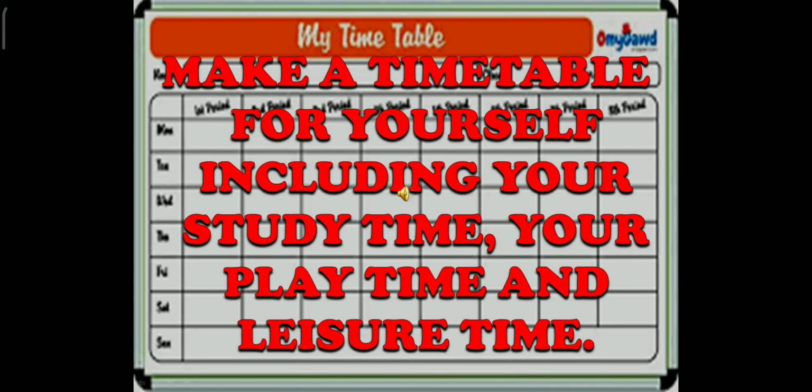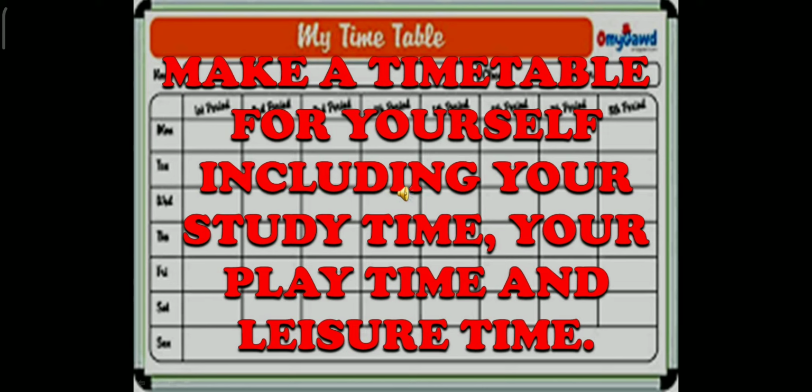So you will make a timetable for yourself, including your study time, your play time, and leisure time. What is leisure? Leisure is the time for rest. Okay, at which time you are taking rest, that also you need to mention. So at which time you are reading which subject, when are you playing.